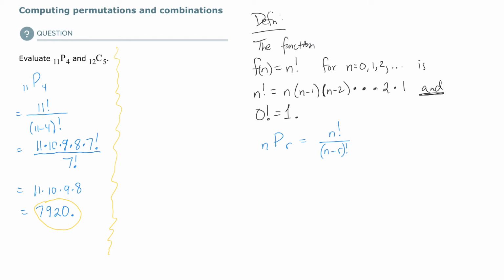So we're going to attempt to simplify the expression 12 choose 5. So out of 12 items, we're going to make a combination of size 5. Sometimes we say out of 12 items, we're going to make a combination of 5 at a time. We need a formula here as well. So n choose r is equal to n factorial over n minus r factorial times r factorial.